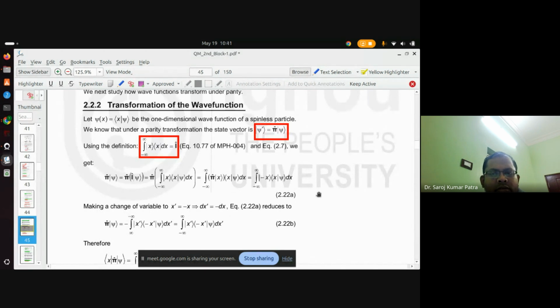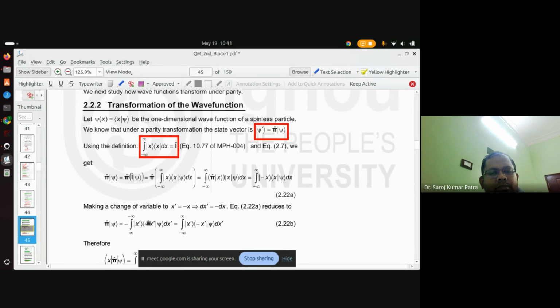So we are coming from 2.22a to 2.22b, where Πψ will be equal to minus the integral from infinity to minus infinity of |x'⟩⟨−x'|ψ⟩ dx'.